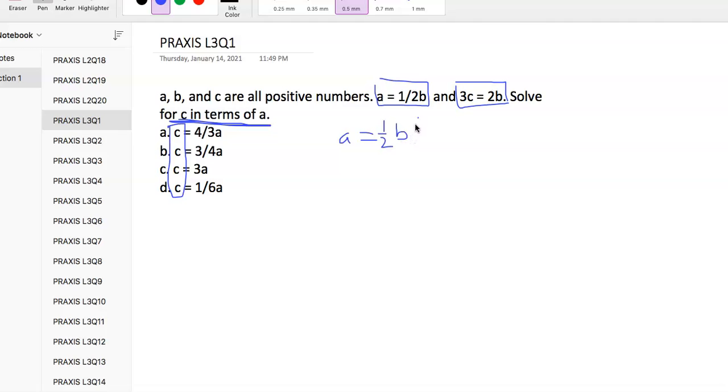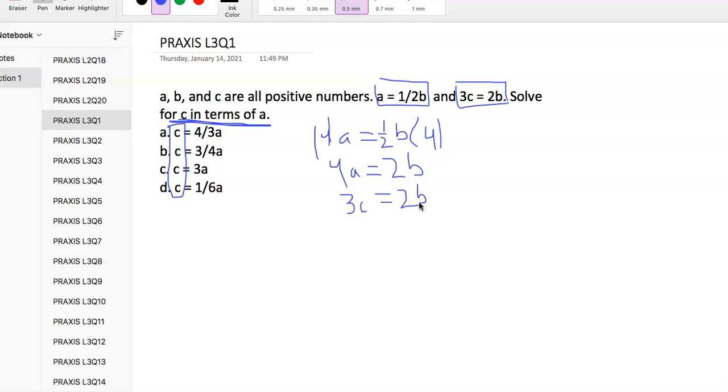So if A equals 1/2 B, if I multiply both sides by 4, right? 4 times 1/2 is 2. Okay, so now I'm going to have 2B over here, and 4 times A is 4A. Okay, so I have 4A equals 2B, and from the question we know that 3C equals 2B, right?